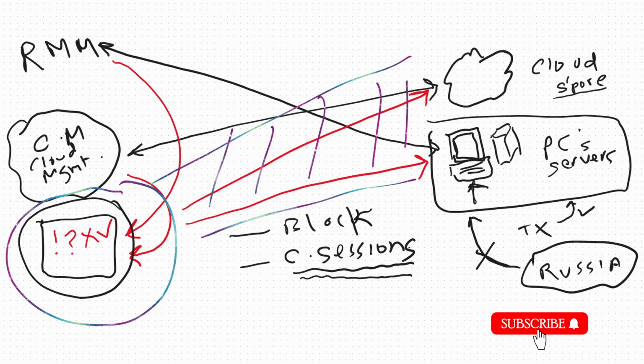Or some of our customers have manufacturing facilities in China. So in that case, we want to allow traffic coming in from China. But we don't want to allow traffic coming in from certain other areas. And every customer is a little different. So this system is customizable to where we can custom tune it for each customer.